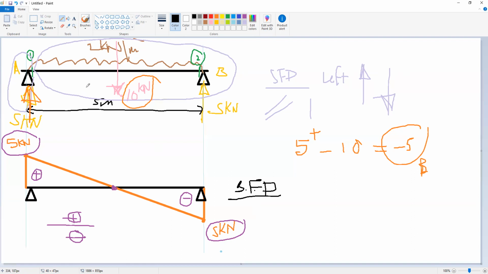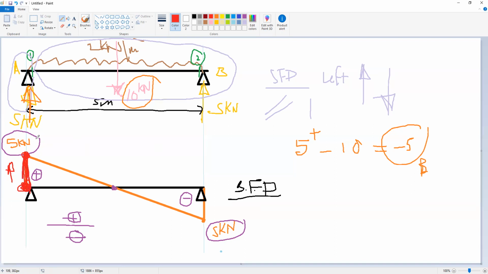We are just following the forces we have. At section 1 we have only the 5 kilonewton upward. So we always start from the datum, the black line here, this 0. We go from 0 to 5 because we have the 5 kilonewton upward. That's why we go up.